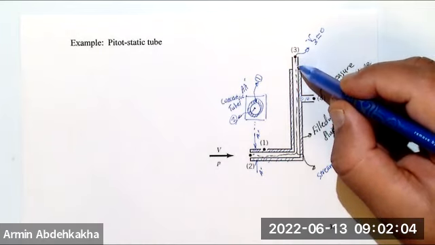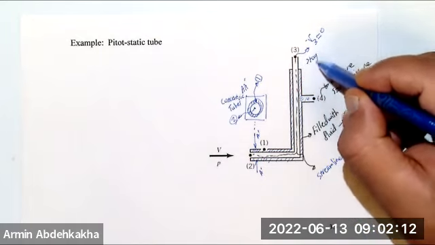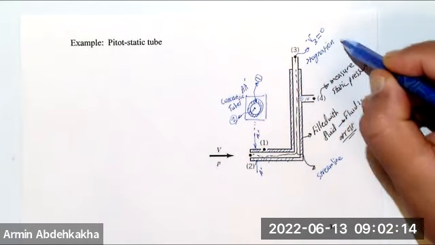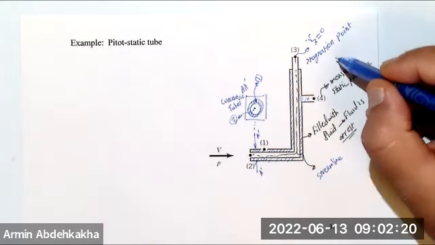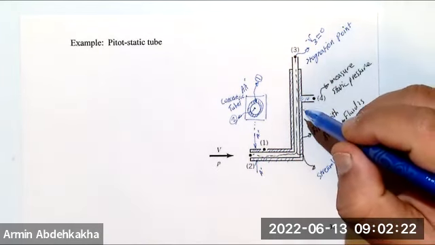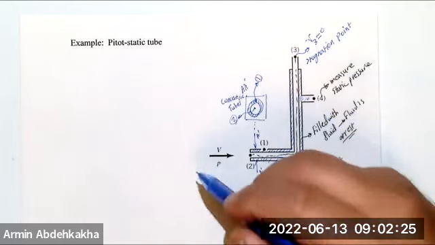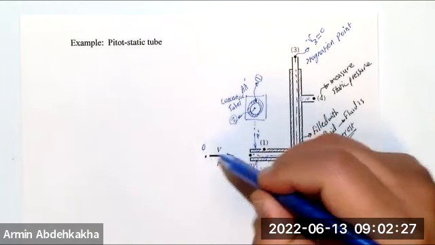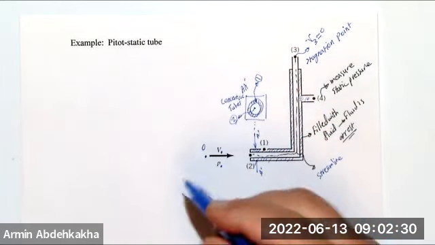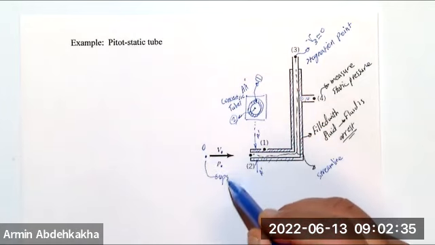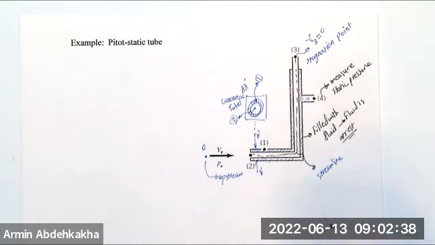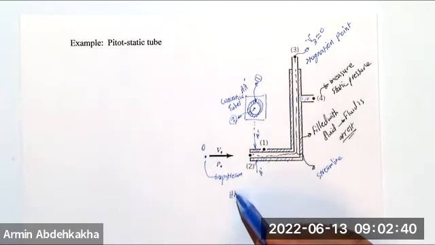If the flow stops here, then it is going to be a stagnation point. What about this point? I'll put this as 0. We are going to say that this is the upstream of the flow.